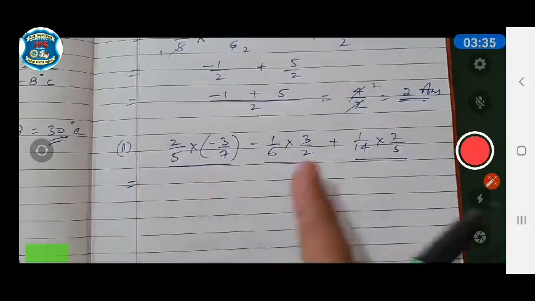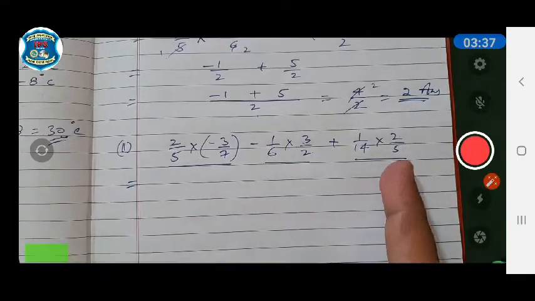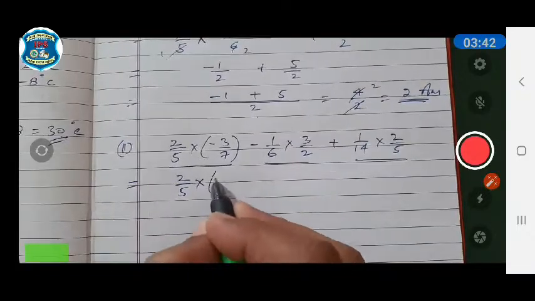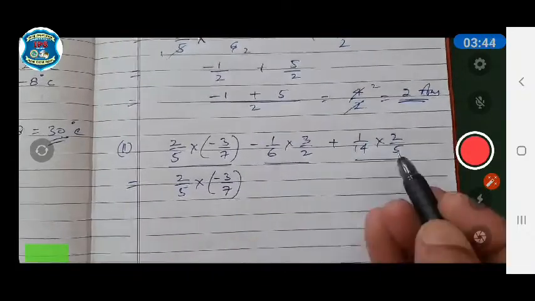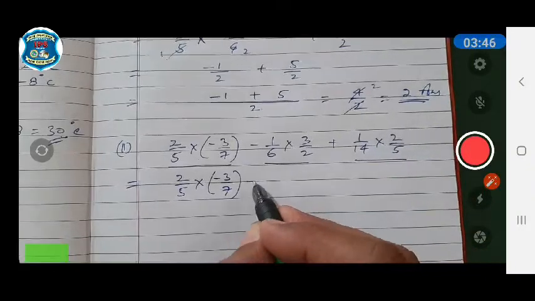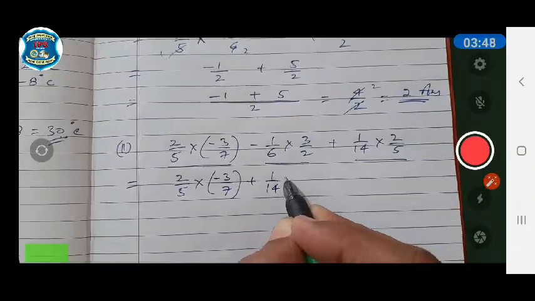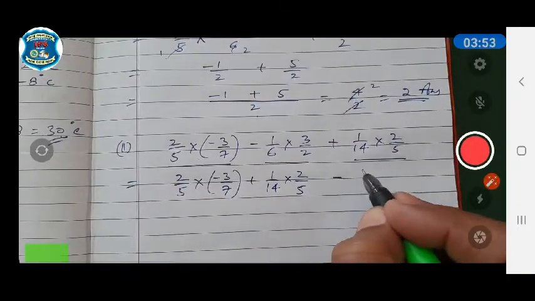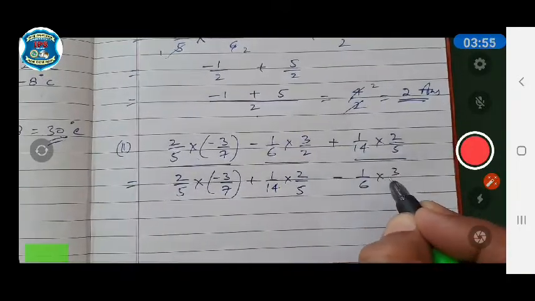In these two pairs we have a common factor. So let us write them first: 2 upon 5 multiply minus 3 upon 7 and this one plus 1 upon 14 multiply 2 upon 5 and this value over here minus 1 upon 6 multiply 3 upon 2.